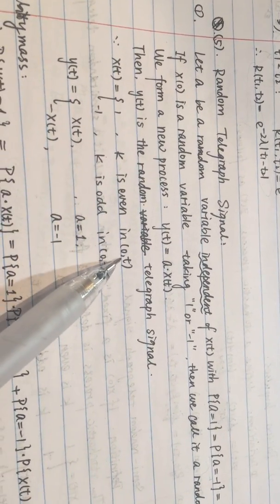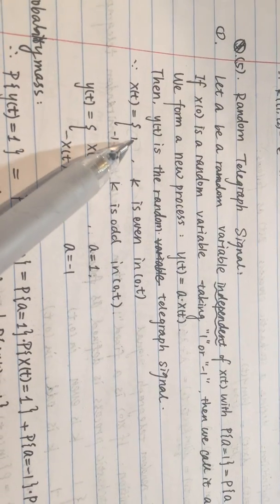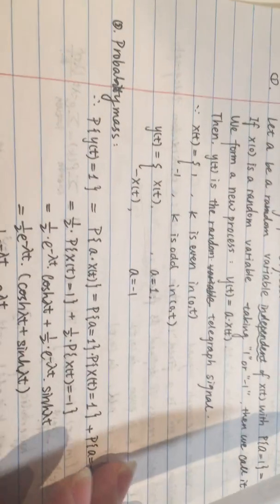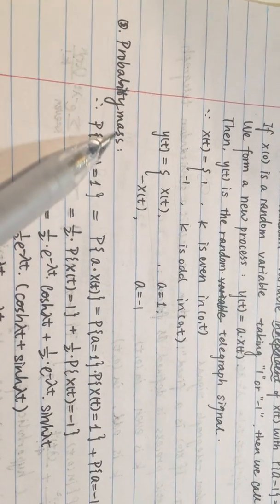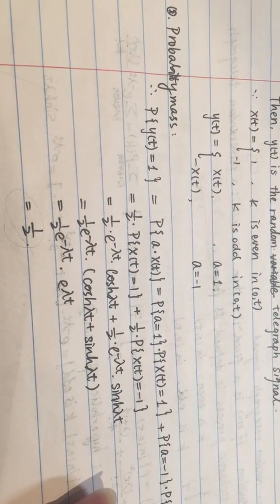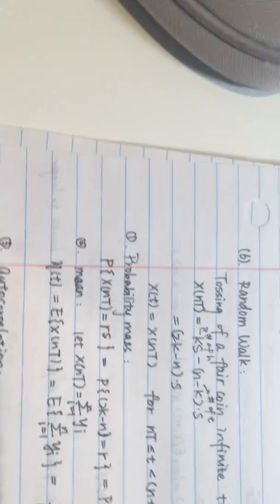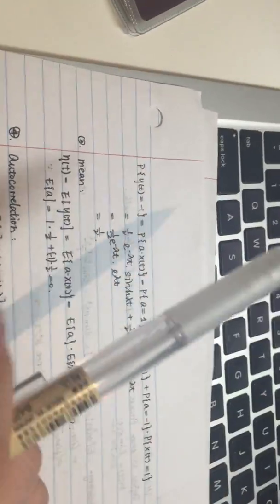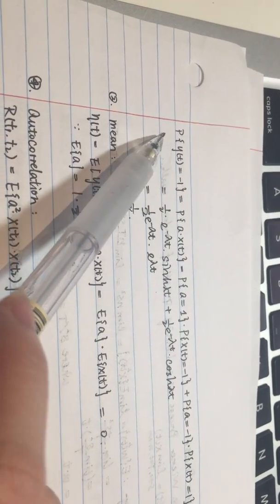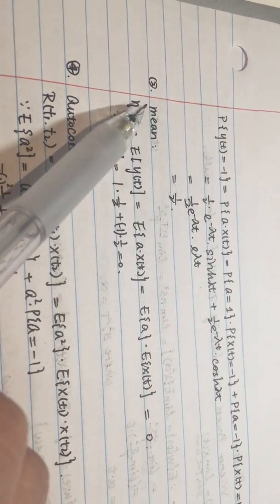When k is even in (0, t), it's 1. So the probability mass goes like this. It's the constant half. And when Y(t) equals minus 1, the probability is 1/2.